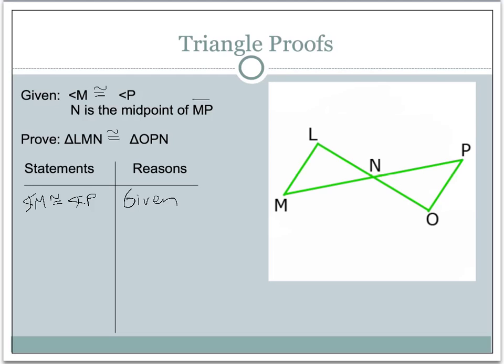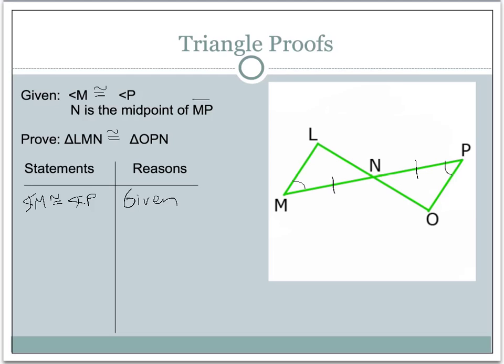I also want to mark my picture. Angle M and angle P are congruent to each other. The second piece of information given to us states that N is the midpoint of segment MP. That's not really a side or an angle that are congruent to each other, but it does tell us that if N is the midpoint of segment MP, then segment MN is congruent to segment PN, because by definition of midpoint, it's cut into two equal pieces.